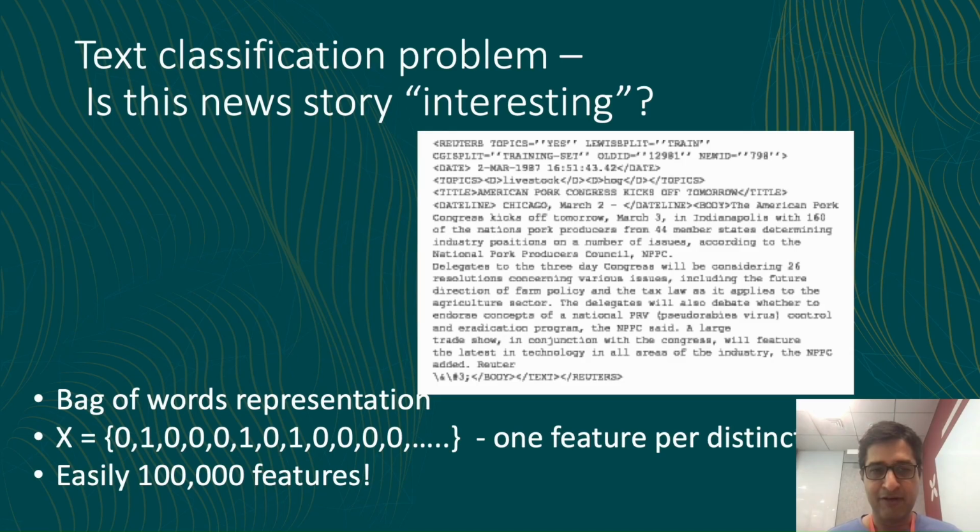You tend to have one feature per word, and essentially you'll end up with hundreds of thousands of features, almost one feature for each word in the English language. And this is when you have not even considered a bigram or a trigram set of features, right?